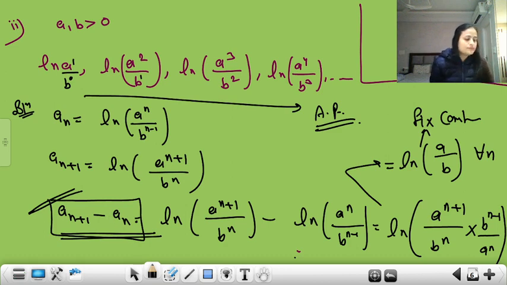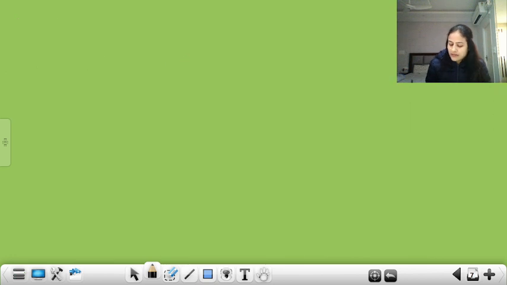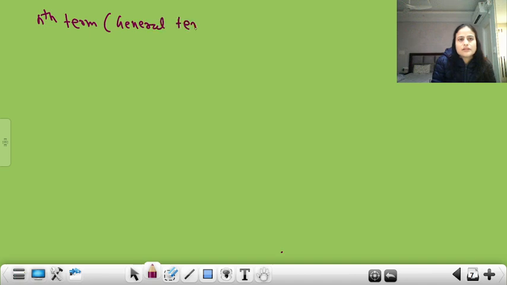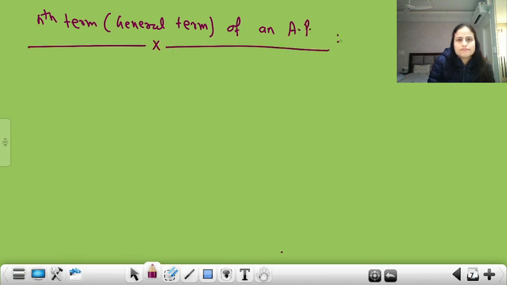Now let's see how to get the nth term of an AP. If my progression is an AP, then how do we get its nth term? So the nth term, or I can say the general term of an arithmetic progression.